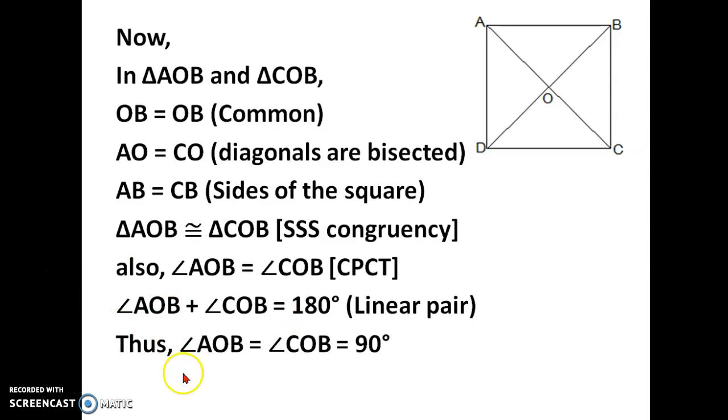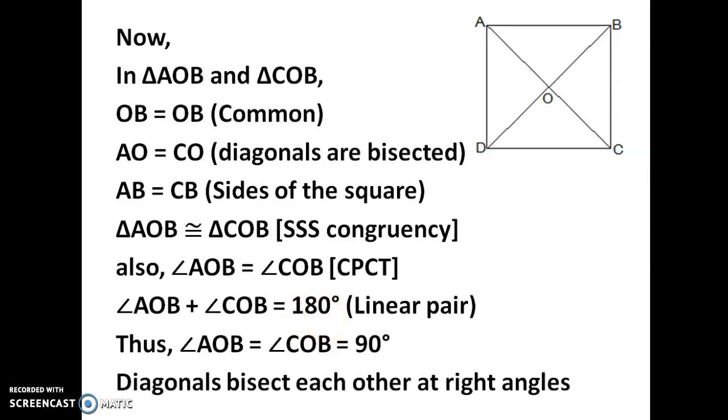Just now we said these two are equal. So it has to be 90 degree. 90 degree plus 90 degree only will give you 180 degree. Okay, so everything we proved now. Diagonals bisect each other at right angles. First we said diagonals are equal, then they bisect each other, then they bisect at right angle. So everything is proved now.